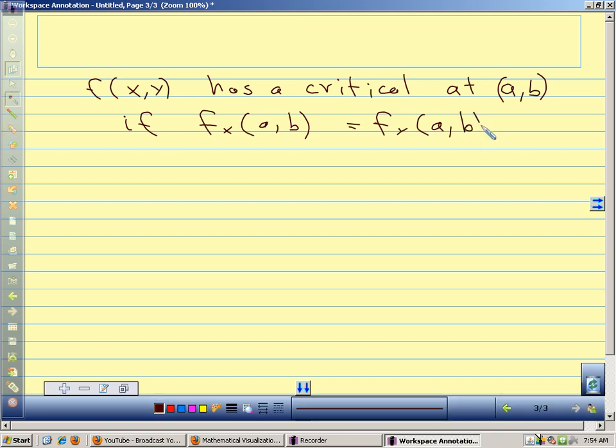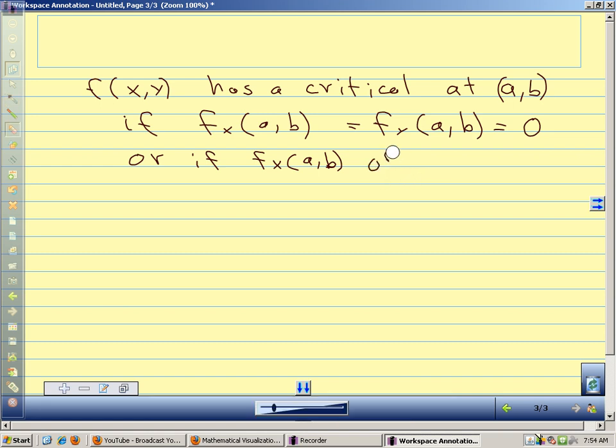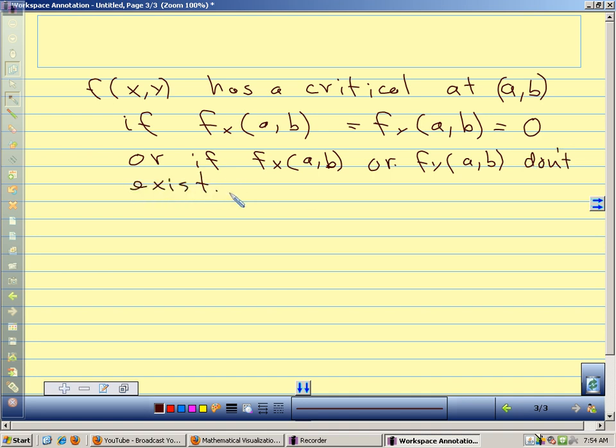So when our first partials equal 0, we have a critical point. Or if f sub x or f sub y don't exist at (a, b). So this is how we find our critical points. We talked about this before. If we have our first partials equal to 0, that's going to be a critical point. If our first partials don't exist, that gives us a critical point as well.